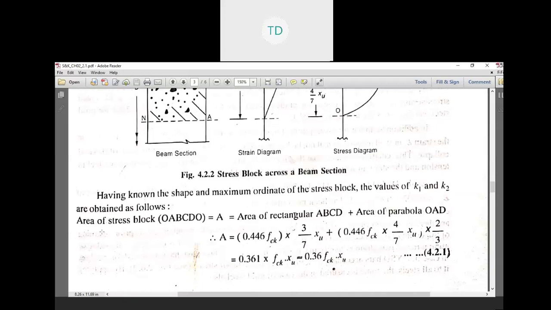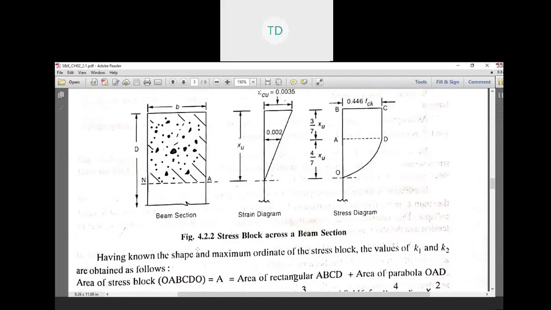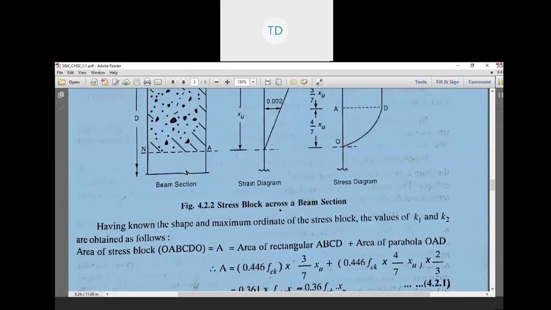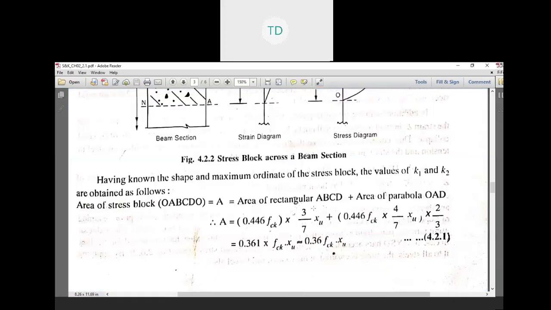For the above figure, area of stress block OABCDO. Tracing O, A, B, C, D and return to O, area is equal to area of rectangle ABCD.